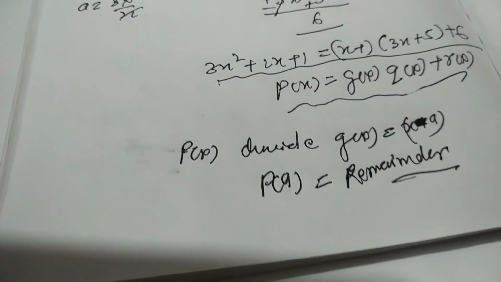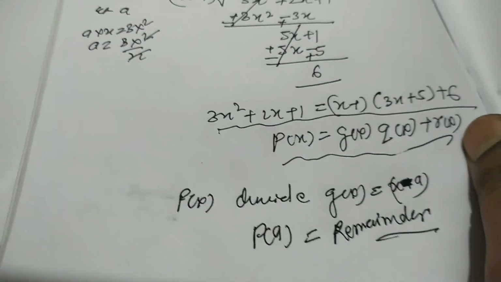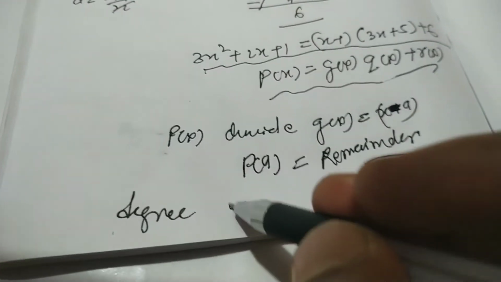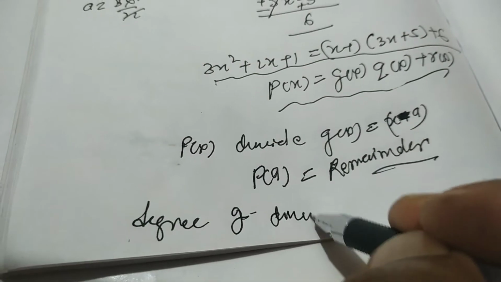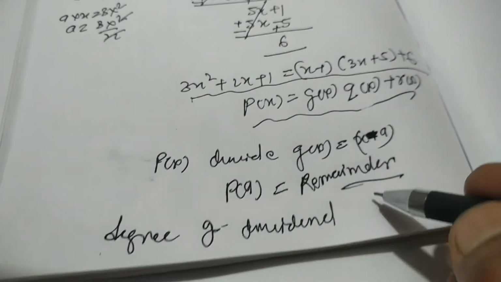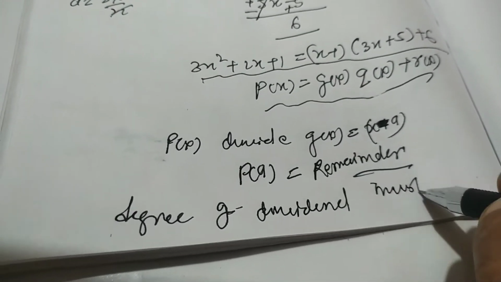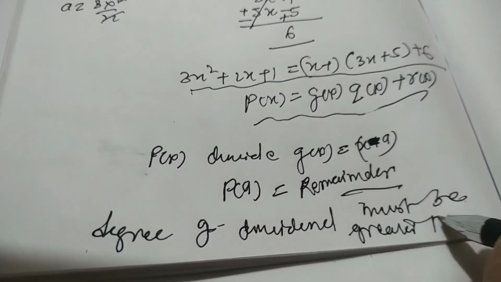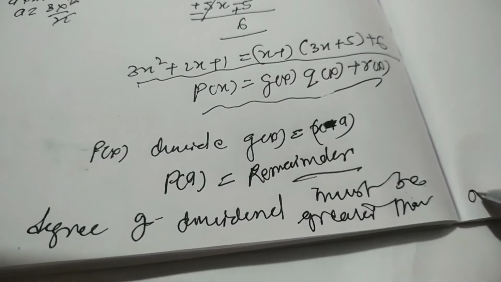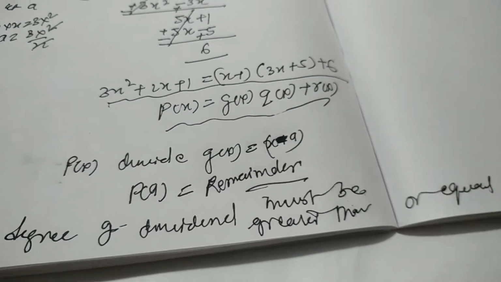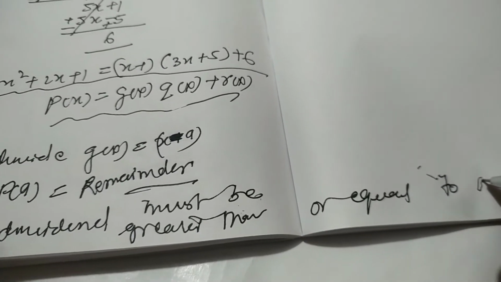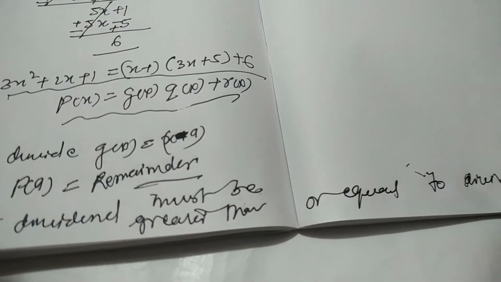In this case the degree of the dividend must be greater than or equal to the divisor.